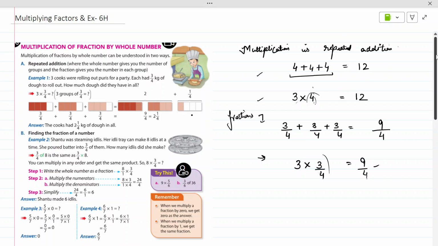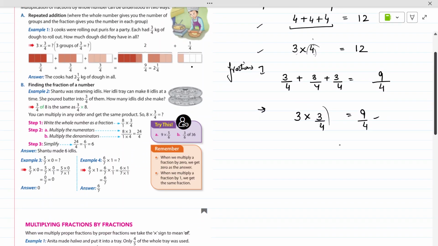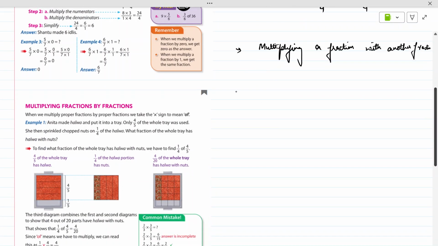Okay, now there are few cases where denominator is not given to us and we consider the fractions. So in the case of multiplying a fraction with another fraction, let's see what we have here. I'm taking one fraction 2 by 3 and I am multiplying this with another fraction, say 1 by 4.